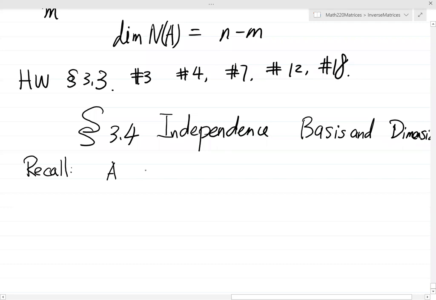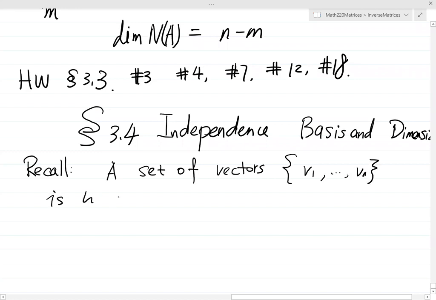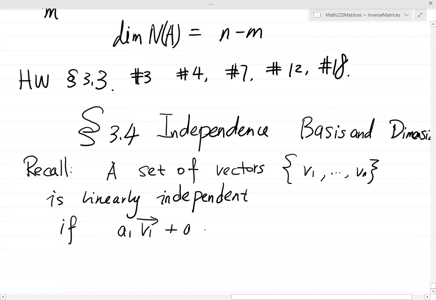A set of vectors V1, V2, ..., Vn is linearly independent if there is no relation between them, i.e., any relation is a trivial relation. If their linear combination equals 0, which is only possible with the trivial relation, then the coefficients should be 0.